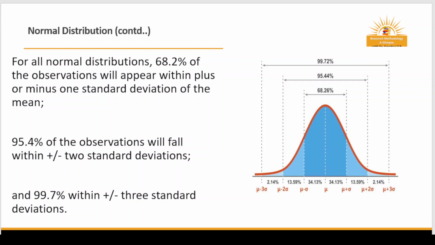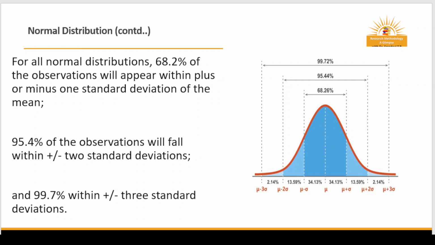So, the mean plus or minus 1 standard deviation, as shown in the figure, covers about 68.26%. Mean plus or minus 2 standard deviations covers 95.44%, and mean plus or minus 3 standard deviations covers 99.7%.